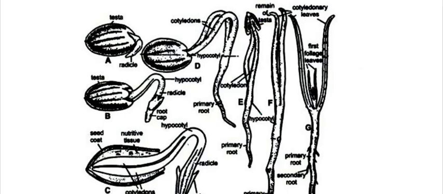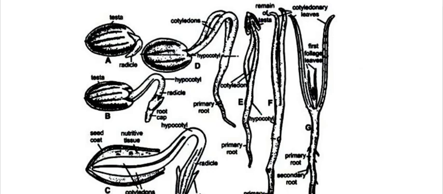Here we can also see in the next diagram the primary root is growing, developing, enlarging in size. And these are the two cotyledons which are now, after releasing from the seed, free. This is the remains of the testa which is still present at the apical parts of the cotyledons.